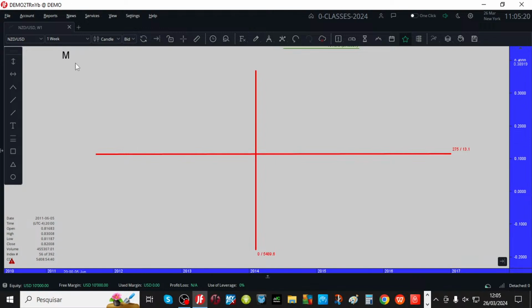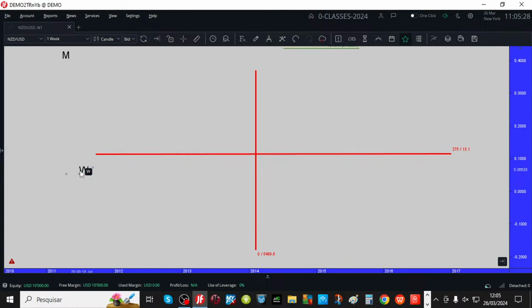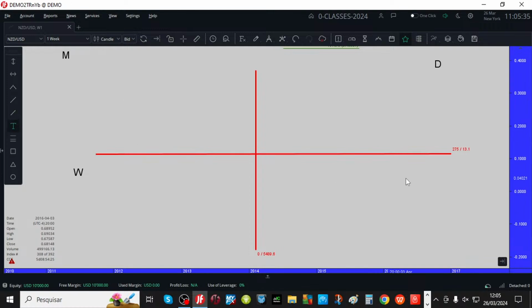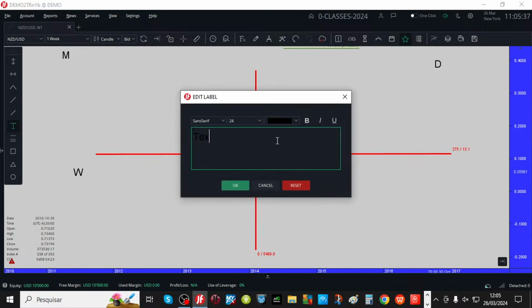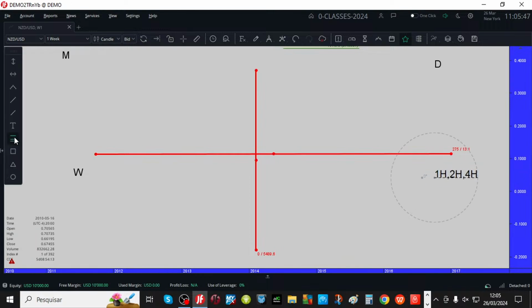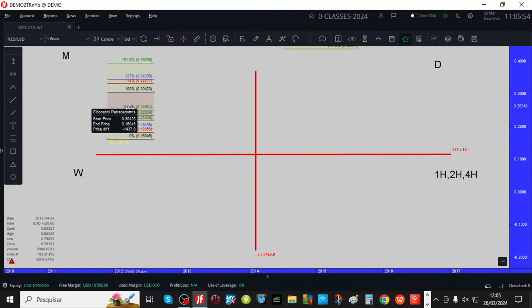This is going to be the left up corner of the monthly chart. Left down corner is going to be the weekly chart. Right up corner is going to be the daily chart. And right down corner is going to be the 1 hour, 2 hour, 4 hour chart. All right. And on the monthly, we have an up Fibonacci original one.